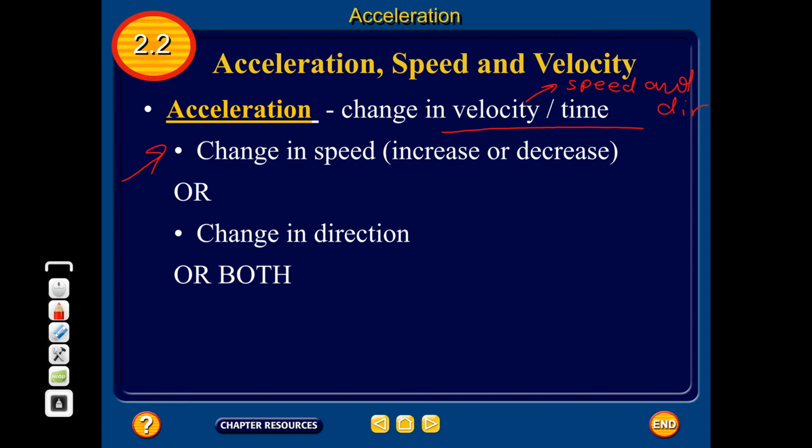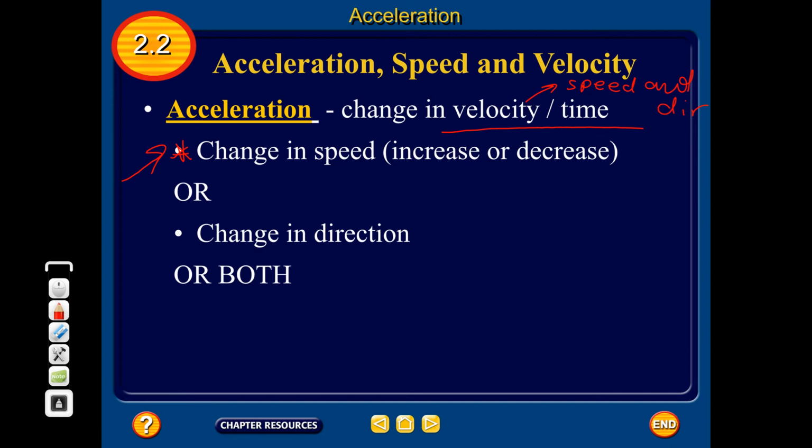Again, everybody's very hooked to the change in speed, and usually people think it's only an increase in speed that means acceleration. But if you decrease in speed, you are also accelerating. I know that we have the word decelerate, but that is a word we don't really use in physics. We just say that you're accelerating in the opposite direction of motion.